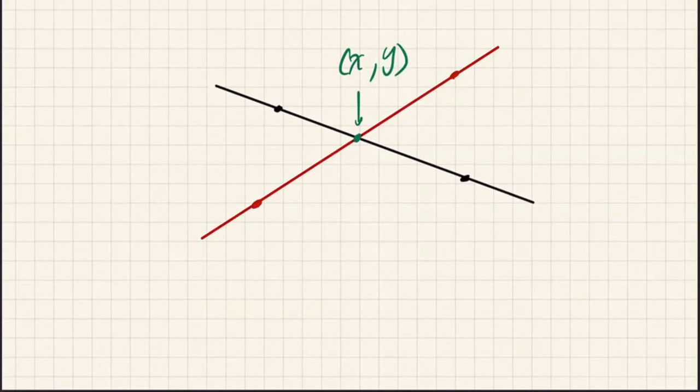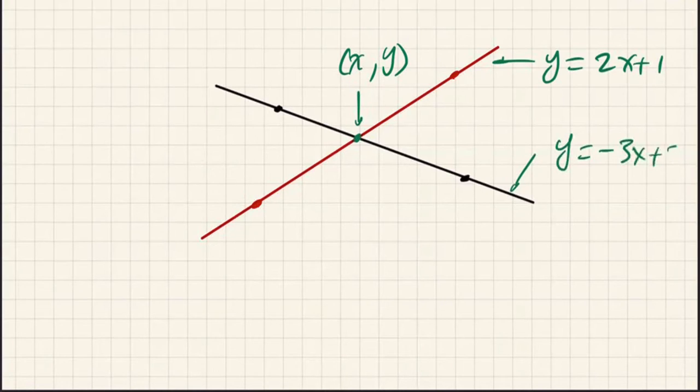Suppose this one is y equals 2x plus 1, and that line is y equals negative 3x plus 2. If I tell you there is a certain x occurring on both lines with the same y, it means that if I put this x here or here, I will get the same value of y.